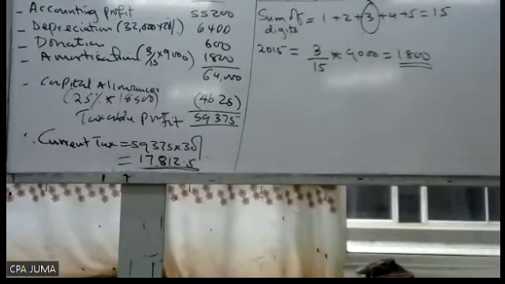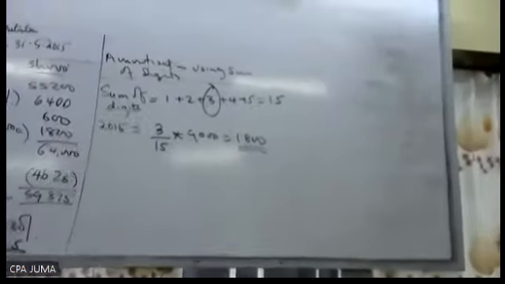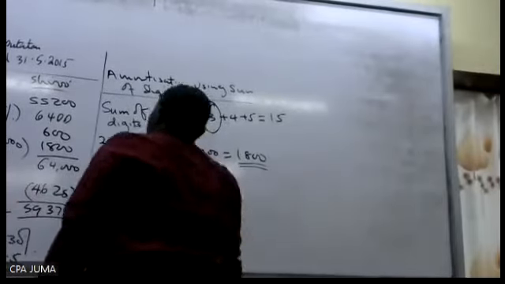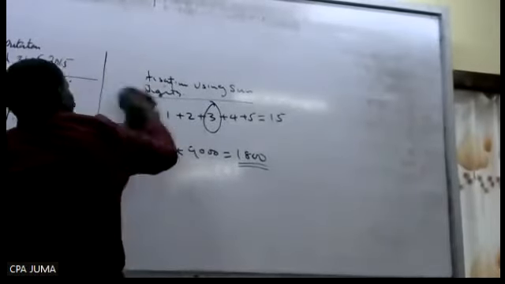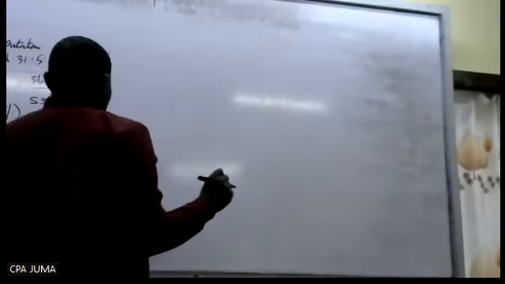Okay, that is fine. Let us go to Roman 2 of the question. What do they want? Deferred tax liability to be reflected.